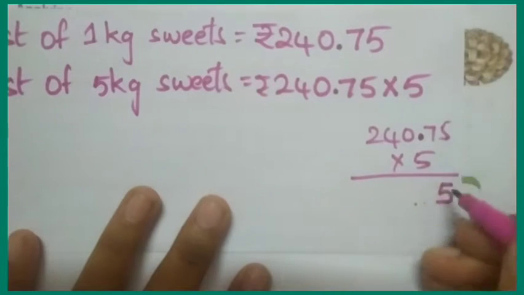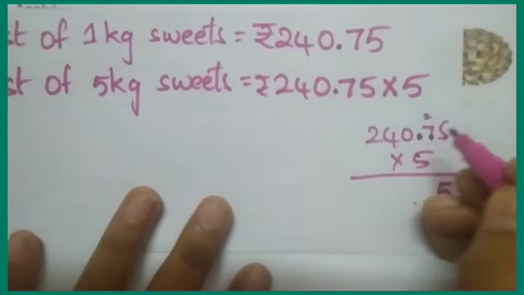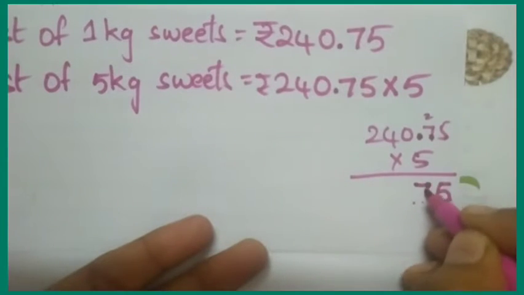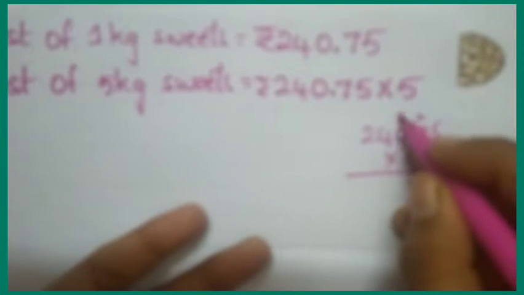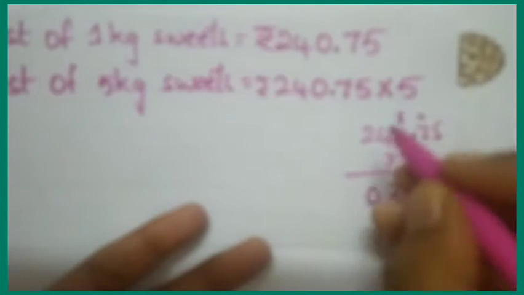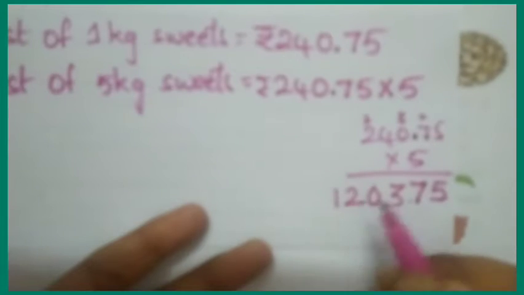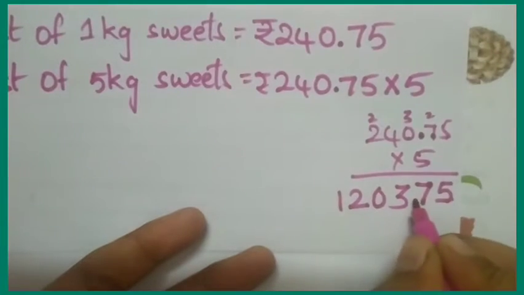Okay, 5 5s are 25, 2 carry 5 here, 5 7s are 35, 35 plus 2 is 37. So we'll write here 7 and 3 taken as carry. 5 zeros are 0, 0 plus 3 is 3. 5 4s are 20, 0 here, 2 carry, 5 2s are 10, 10 plus 2, 12. After 2 digits, we have to keep the point.